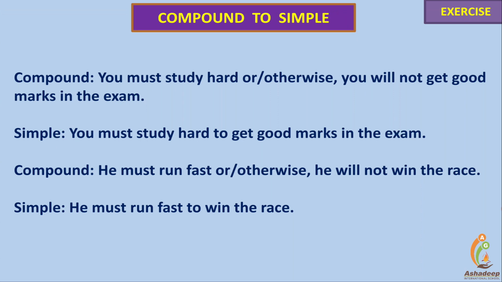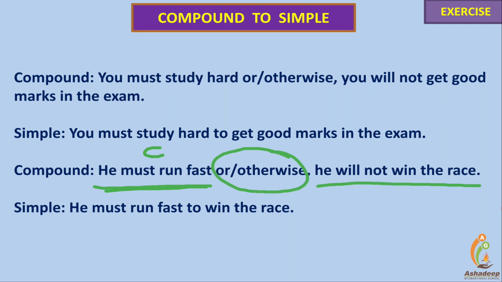Next one. He must run fast, or otherwise he'll not win the race. It's another compound sentence. Now either clause will be changed into a phrase. He must run fast. He must run fast to win the race.